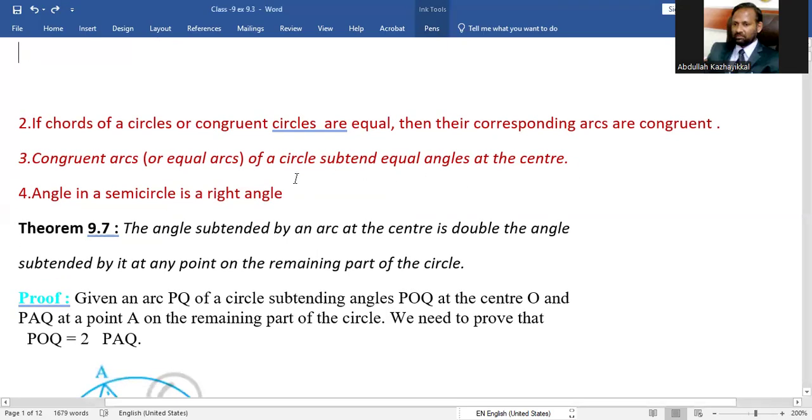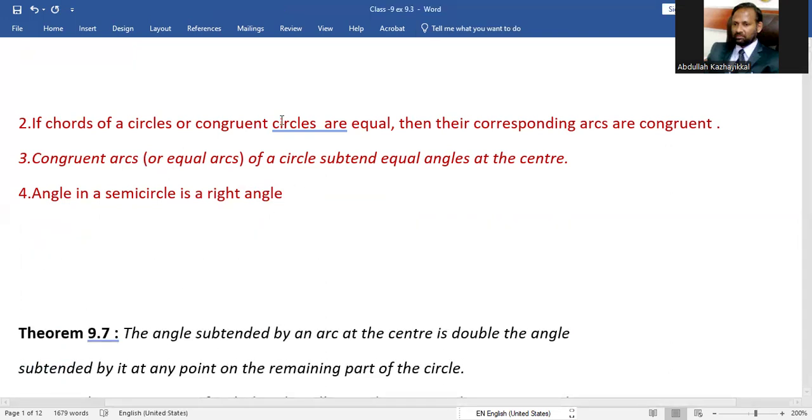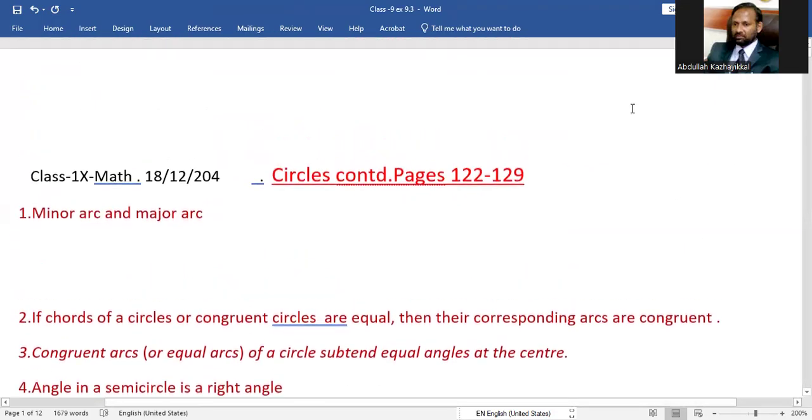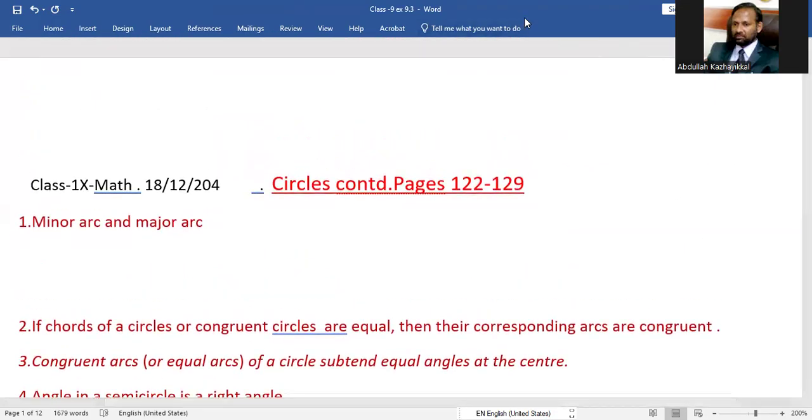In a semicircle. You can draw a semicircle. I am drawing a semicircle. Angle in a semicircle, I can show here. This is a circle. You know, the semicircle is made by the diameter, the chord.